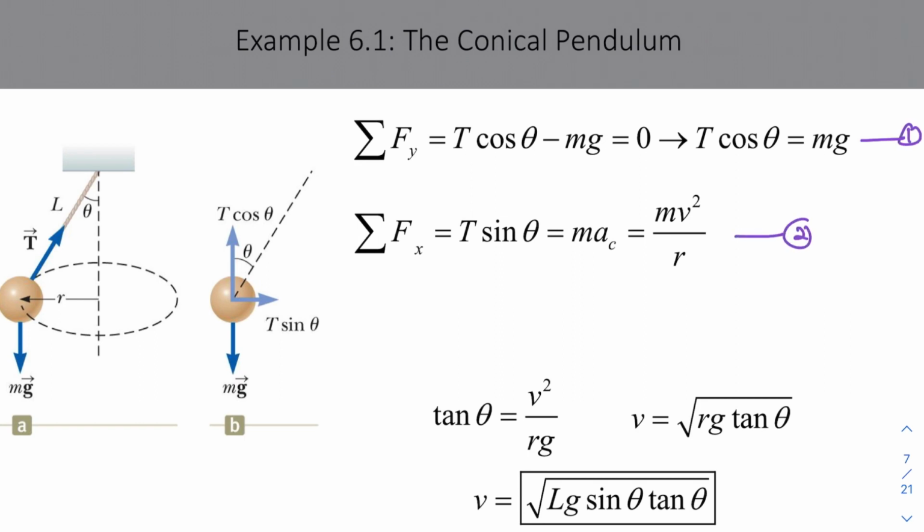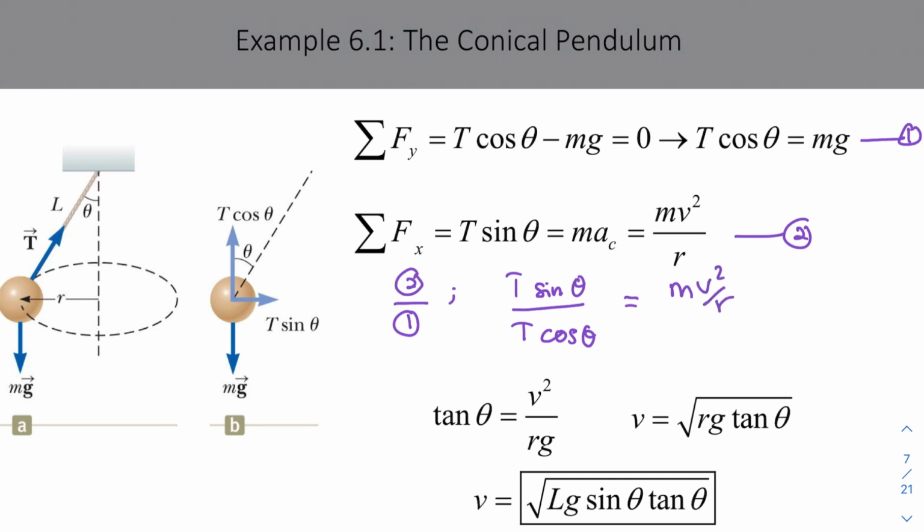So equation 2 over equation 1 gives us T sin theta over T cos theta equivalent to m v squared over r.